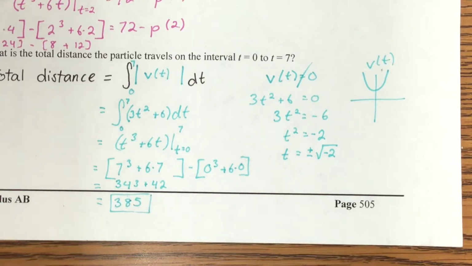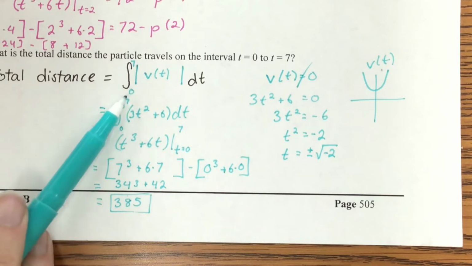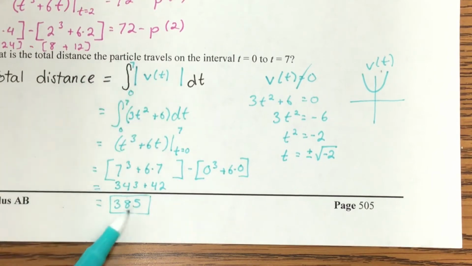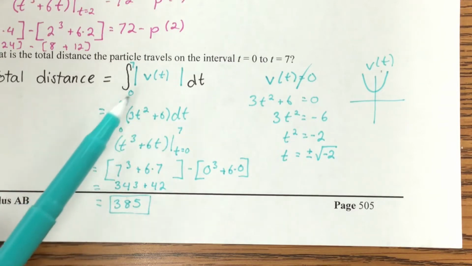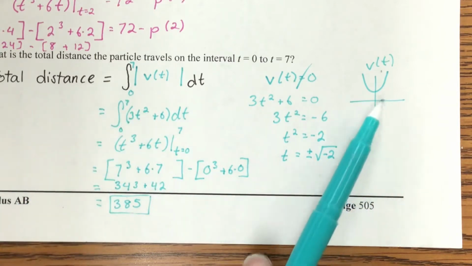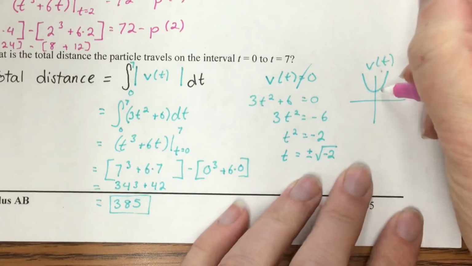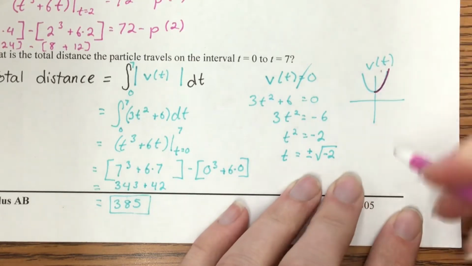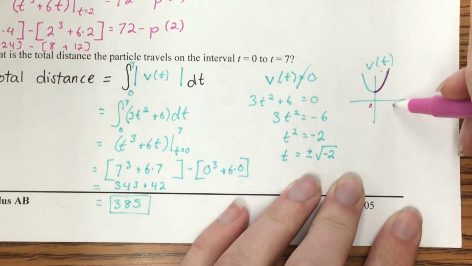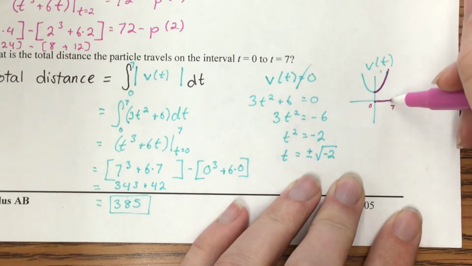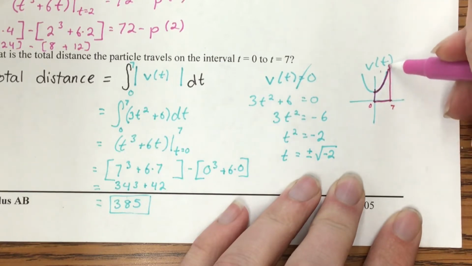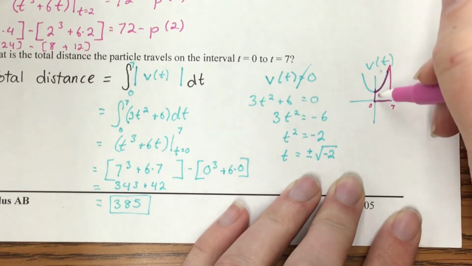So the total distance that your particle traveled between t equals 0 and t equals 7 is 385. If we graphed V of t, which is this graph over here, and we went from 0 to 7, the area would equal 385.